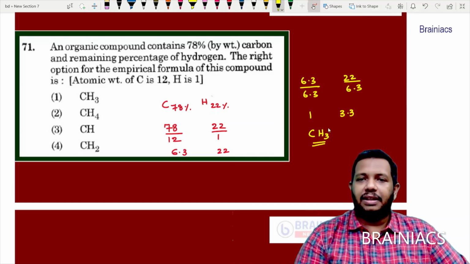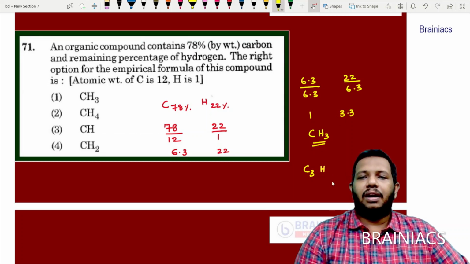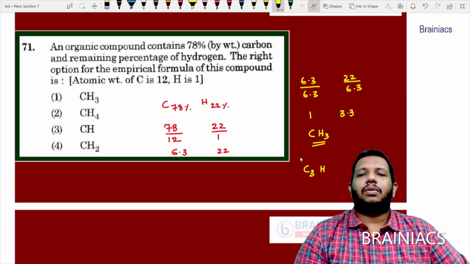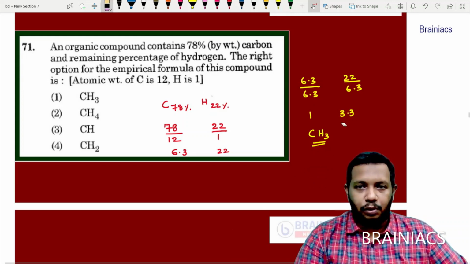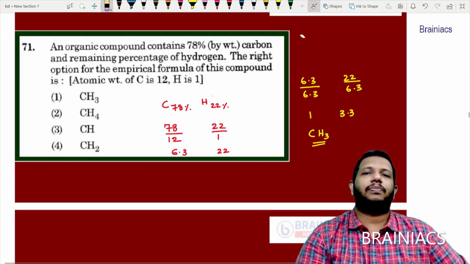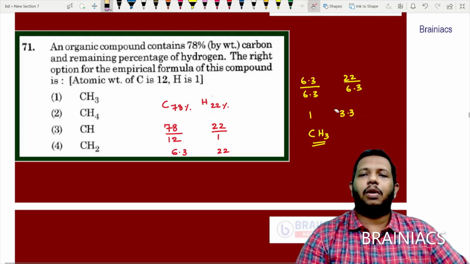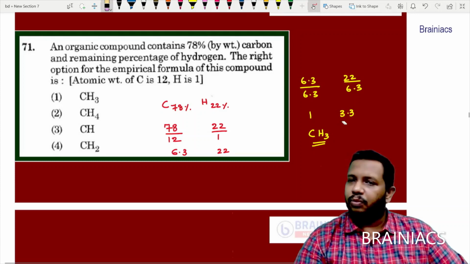The reason is, if I multiply by 3 on both sides, you will get C3, and 3 into 3 is 9, so it becomes C3H9. You will get it properly. So CH3 will be the correct answer for this one. It is not CH4. Don't approximate this to CH4. Or you can even use the logic that if it is more than 0.5, you can approximate it to 4.